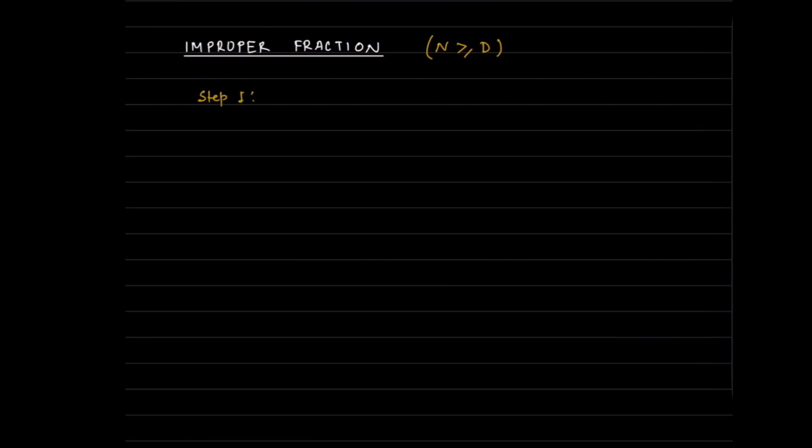you have to do long division, and convert the improper fraction to quotient plus remainder by divisor, or q plus r by d, this form.